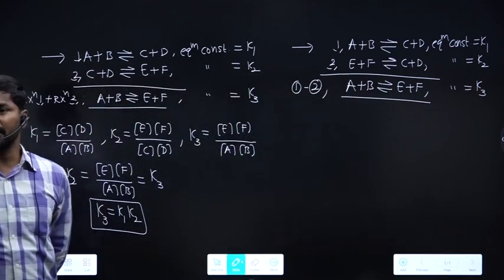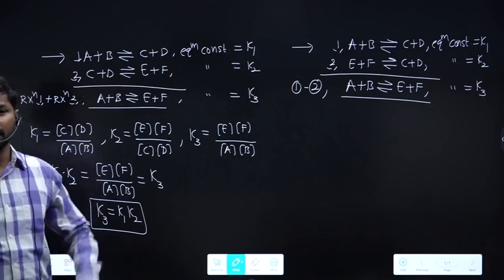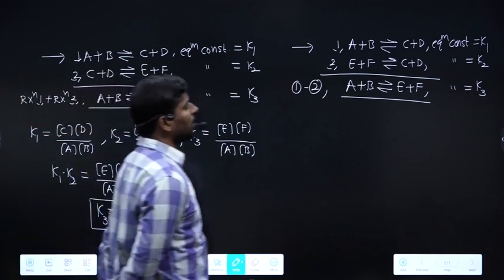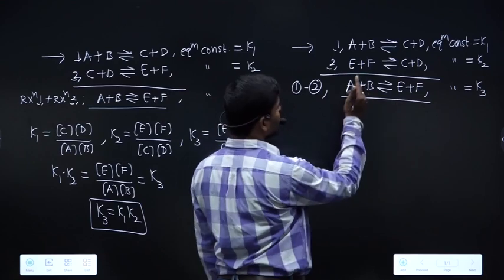Now what is the relation between K1, K2 and K3? K3 is equal to K1 by K2.